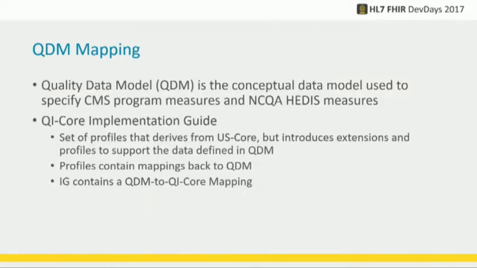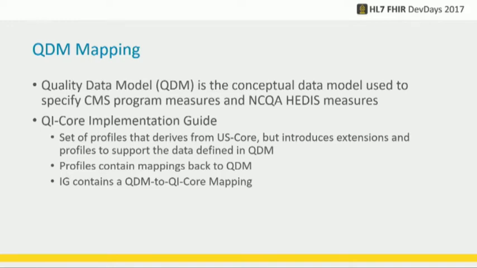So another thing that we're looking at is QDM mapping. Quality Data Model is the conceptual clinical data model that's used to express eCQM program measures. All of those, like HEDIS measures and CMS program measures, are expressed in terms of Quality Data Model. So we built a QI-Core implementation guide, if you've been following that.